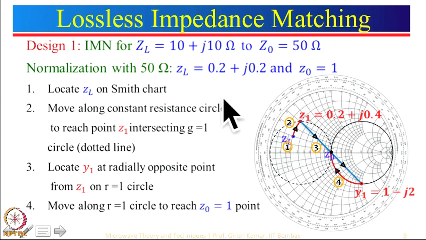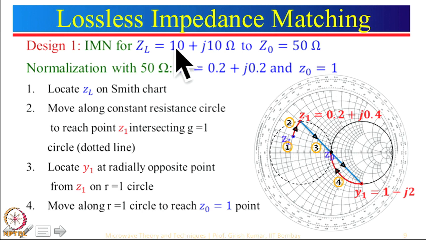Let us go step by step. The first step is we normalize with 50 ohm, which is Z0. All the time we do not have to normalize with 50 ohm, so please read what is given. Suppose Z0 is 100 ohm, then you normalize with 100. If Z0 is 70 ohm, then you normalize with 70 ohm. So, you have to see what has been defined or given.